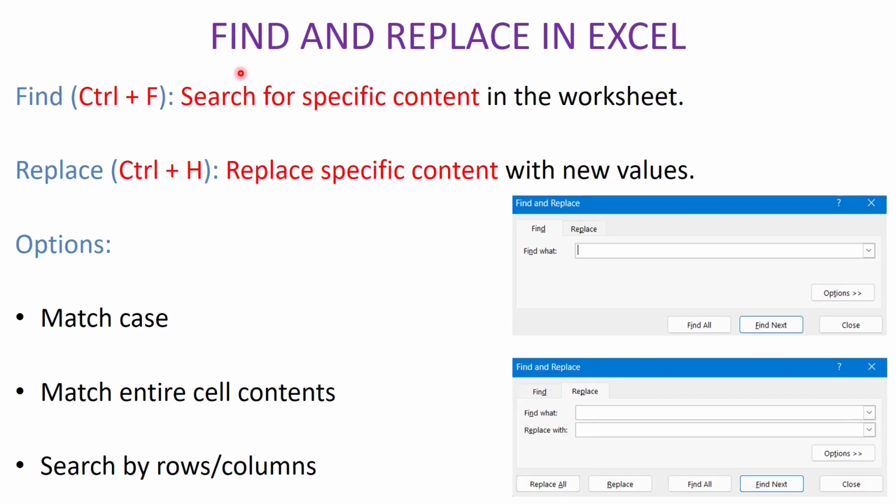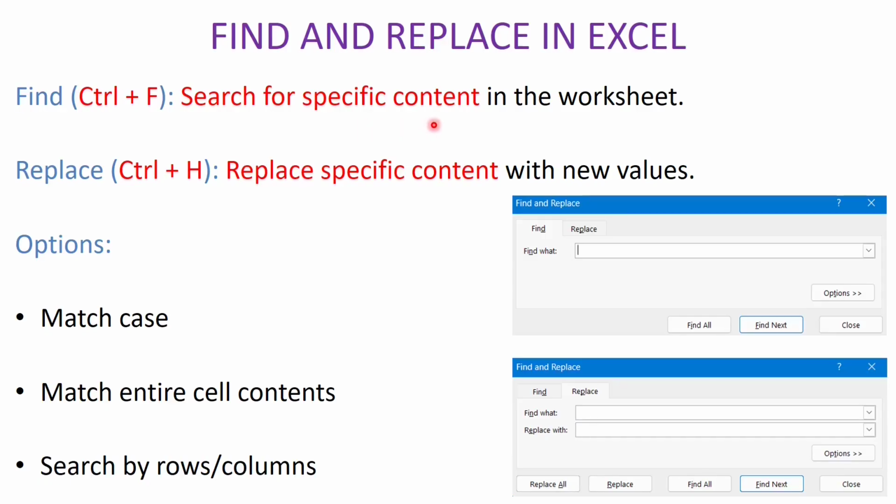Next, we will see find and replace in Excel. When working with a large dataset in Excel, searching for specific information manually can take a lot of time. The find and replace features make this process fast and accurate. The find feature is used to locate specific text or numbers or even formulas within a worksheet or an entire workbook.